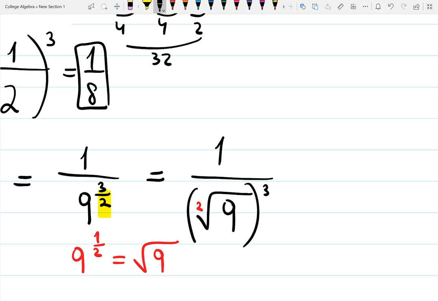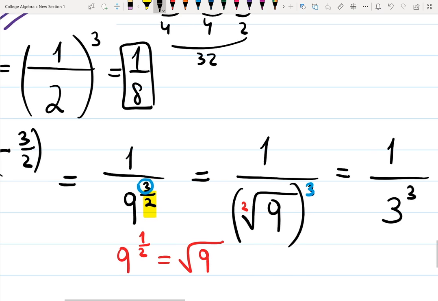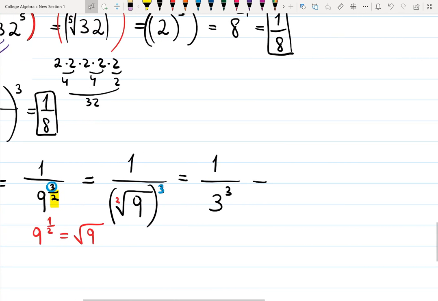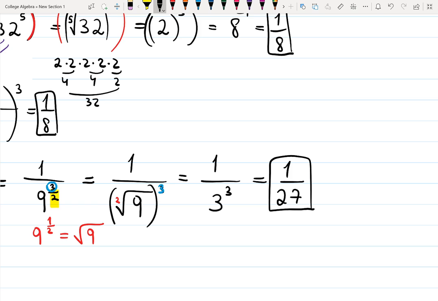So that's cubed, raised to the 3rd power. I'm talking about this 3. It moved over here. Now, the square root of 9 is 3, so I have 3 cubed. Finally, 3 cubed becomes 27. 3 times 3 times 3 is 27. And that is the answer.